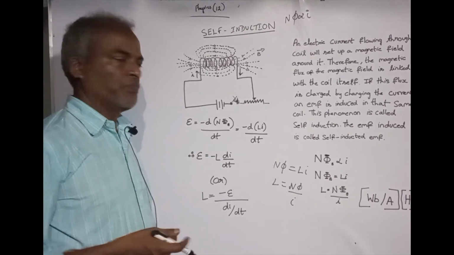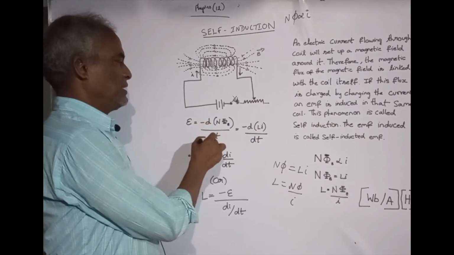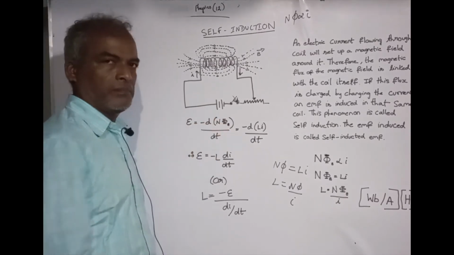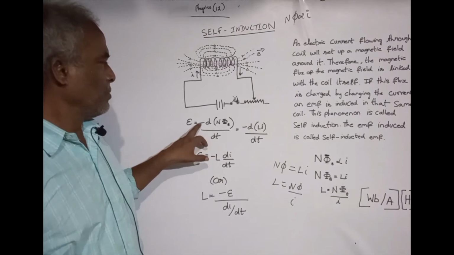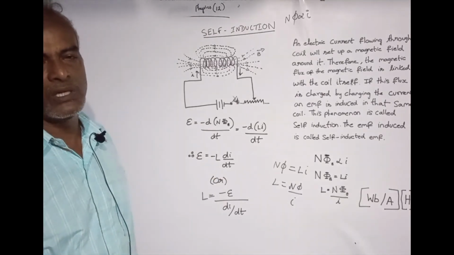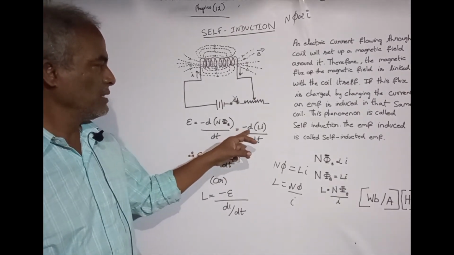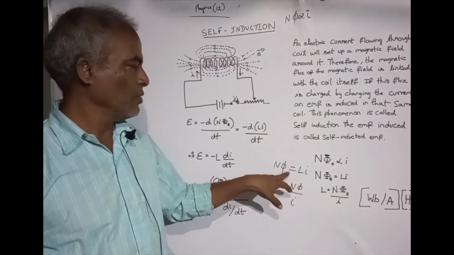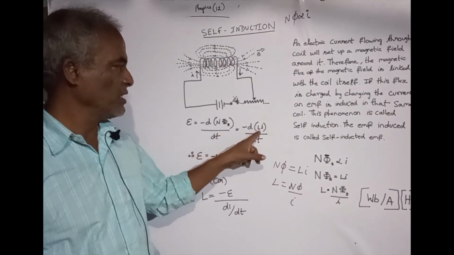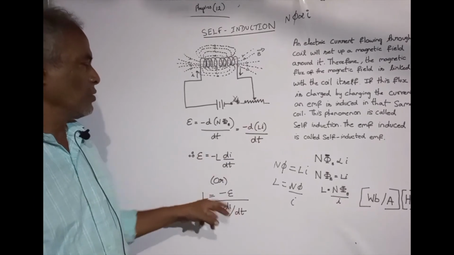So therefore, the voltage induced is minus d by dt of N phi, where d by dt is the rate of change of flux linking with the coil, that is N phi. Now N phi we already know. N phi is L I. You substitute L I here. So L is constant. You bring it outside.